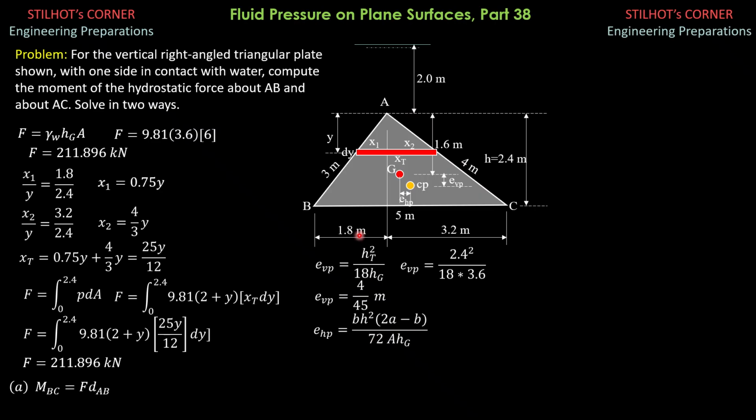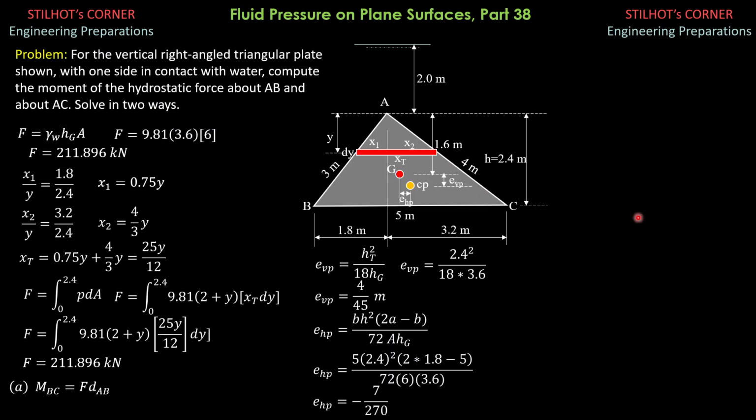A is 1.8, B is 5, this length 5 here. Then area of triangle 6, HG is 3.6. So substitute 5 times 2.4 squared, quantity 2 times 1.8 minus 5, over 72, then area of triangle 6, HG 3.6.